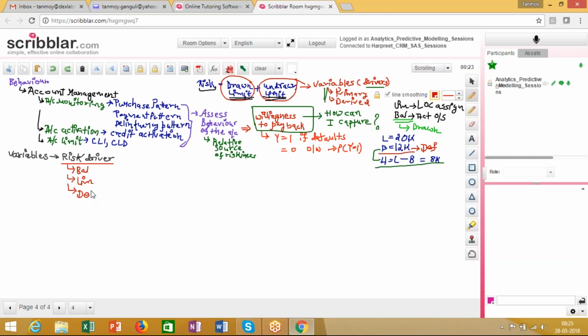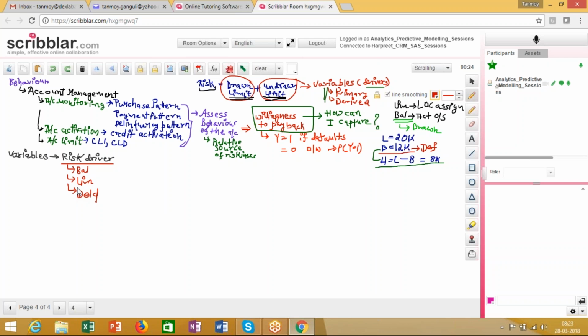So, what is this concept of delinquency? Delinquency is an event where you have missed your payments. You have not actually defaulted, you have just missed paying an installment. A credit card bill is generated for a cycle, and you miss paying the bill for a given cycle. Then we get this variable of delinquency.